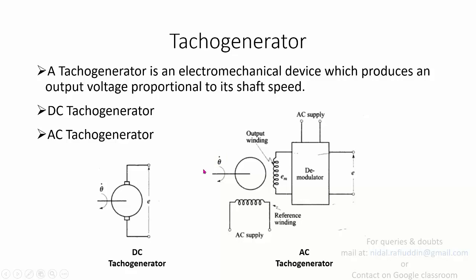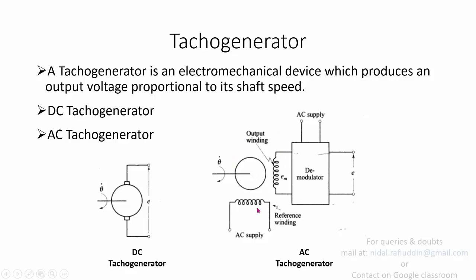Since you're going to provide an input in the form of angular velocity to this rotor with an external input, and an AC supply given to the reference winding or the main winding, a voltage will be induced in the output winding. We'll call this the output winding, which was referred to as control winding in case of servo motors, AC servo motors or the two-phase induction motor. So now we'll be referring to this as the output winding.